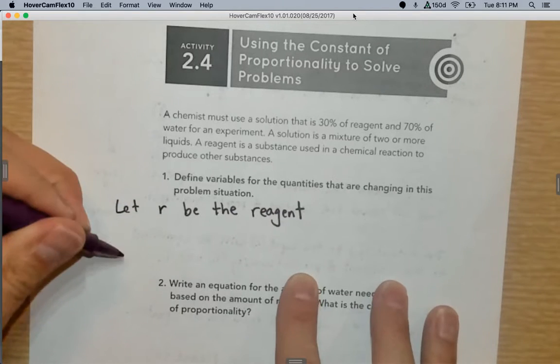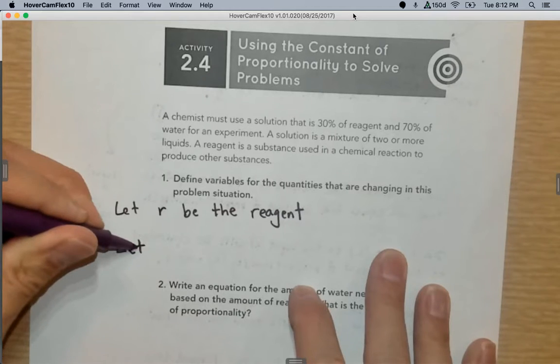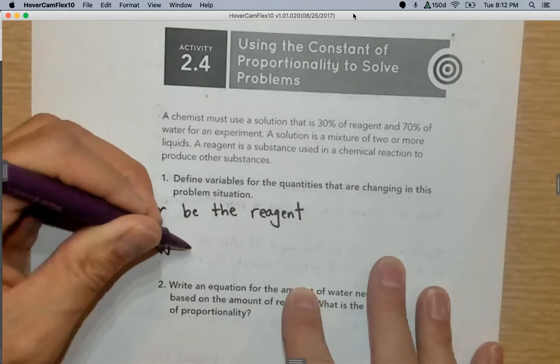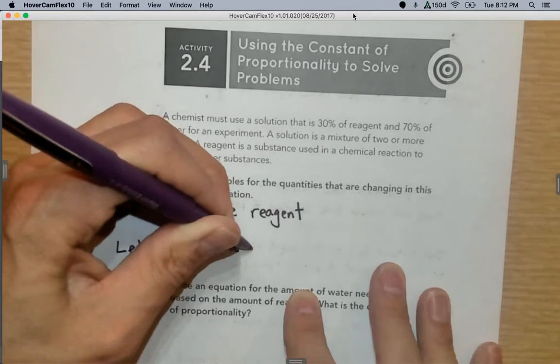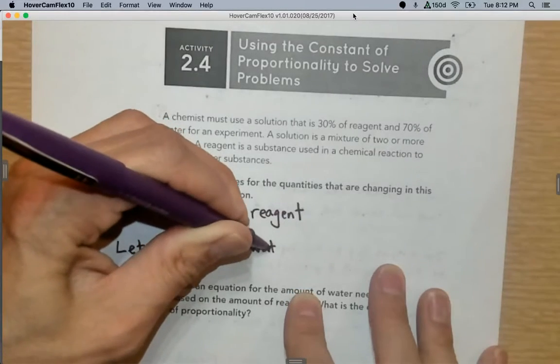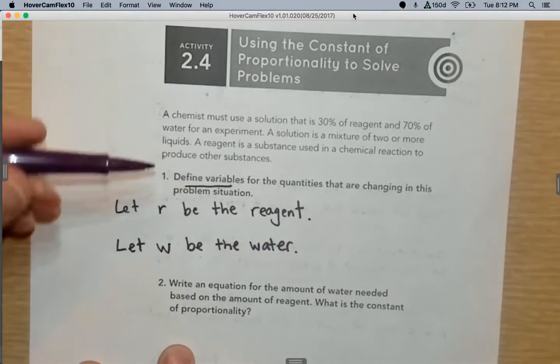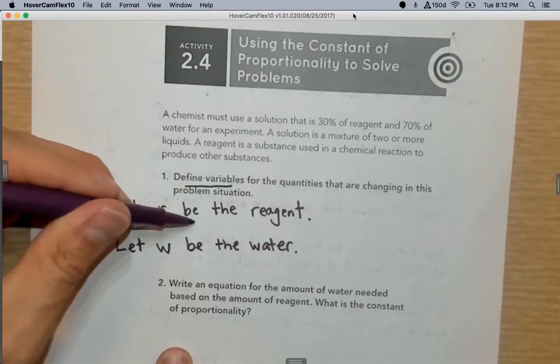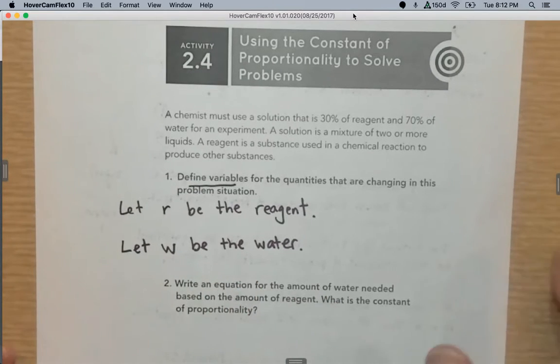And then the other thing that I see here, and this is a confusing one at first to me, so let W be the amount of water. Okay, so when I define variables, I say what the variable is and I say what it stands for.